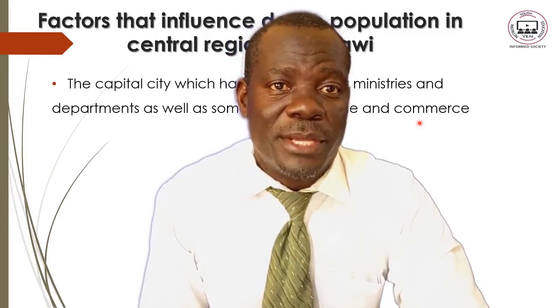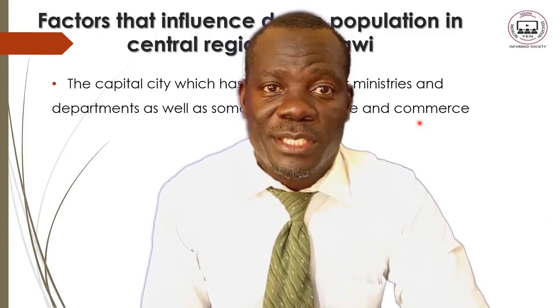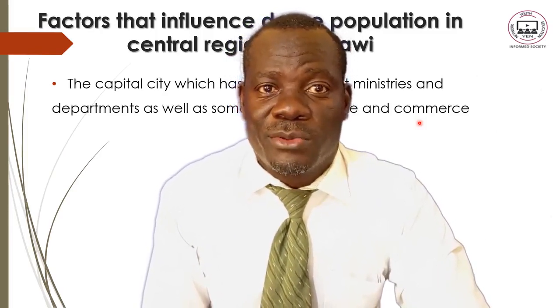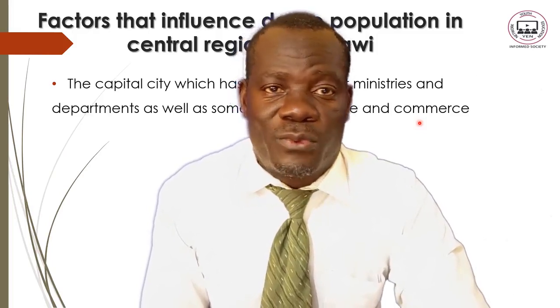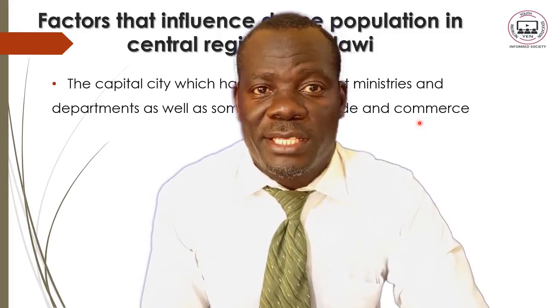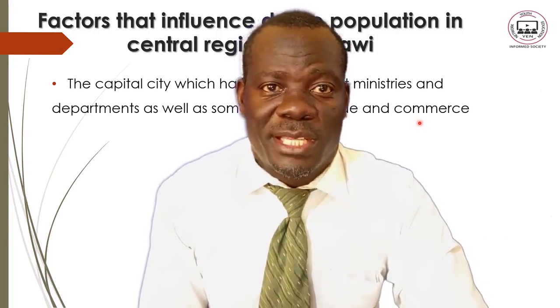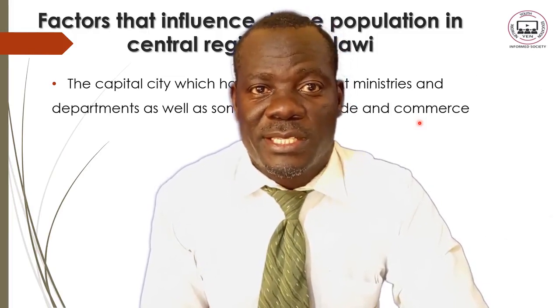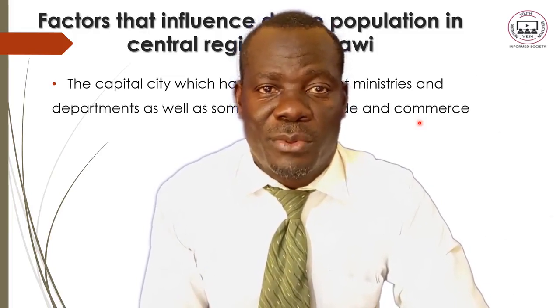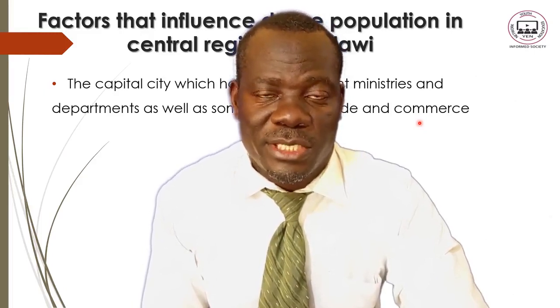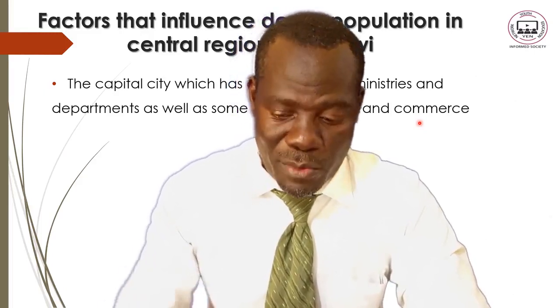Because of that, many people are flocking to the capital city to find employment, to start businesses, for education and many other things. That's why, because the capital city is in the central region, people flock there, and the central region has high population.